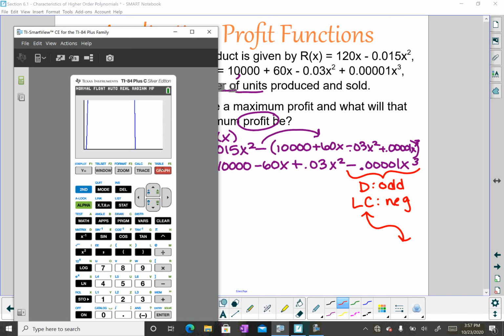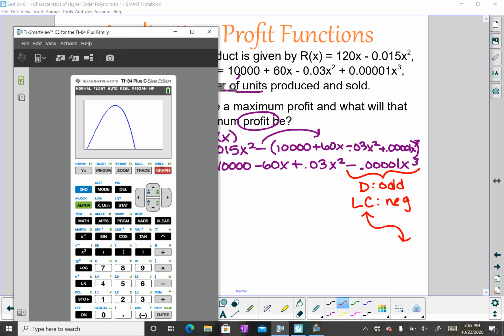So we see it going up and back down again. But I need to see that maximum. So let's make our Y's much higher. Let's make them, I don't know, 20,000. Okay, we're getting there. Still way above. Window. Let's make our Y's 100,000.